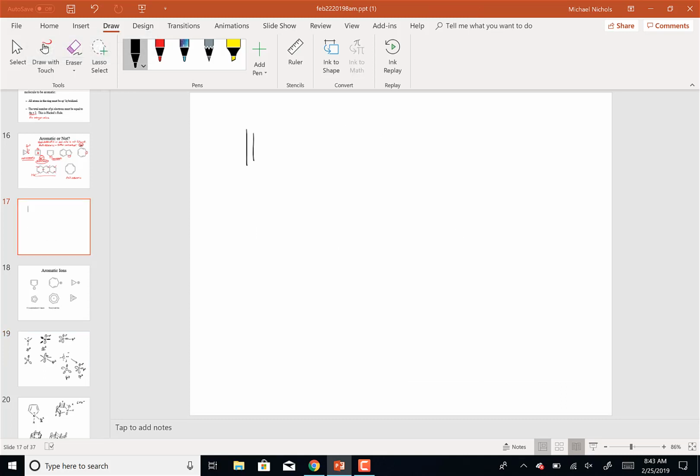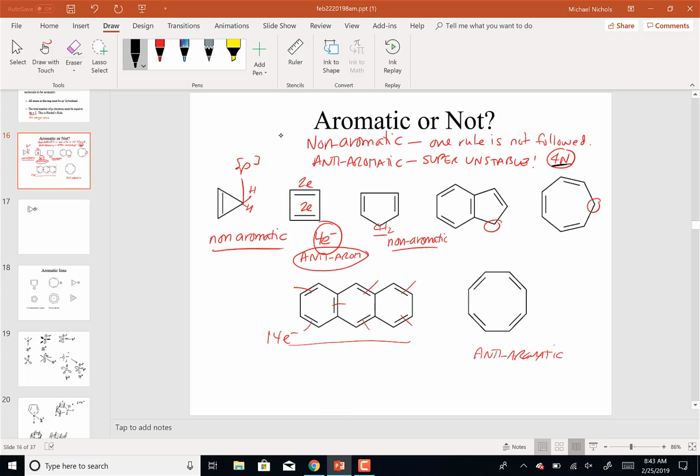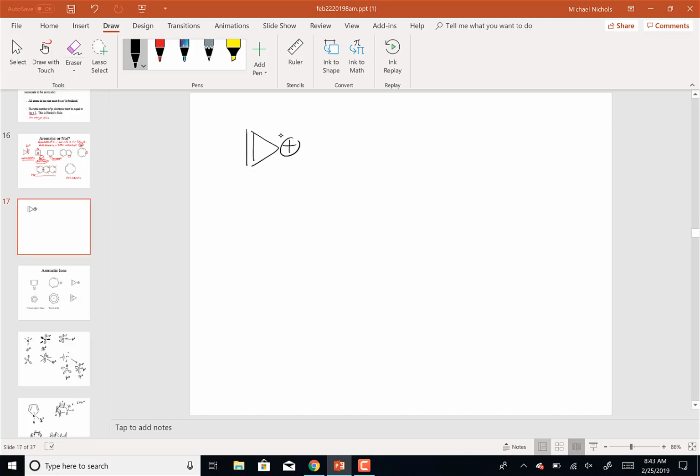Put it at the top here. So in order to determine whether it's anti-aromatic or whether it's aromatic, I now have to realize that a carbocation is always sp2 hybridized. I did that a few minutes ago, but a carbocation is always sp2 hybridized.